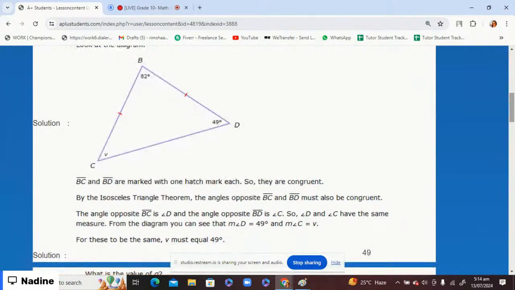BC and BD are marked with one mark each, so they are congruent. So this is an isosceles triangle. If these two sides are equal, the angles related to these two sides are also equal. So the angle V must equal 49, because angle D is 49. So these two angles also become equal.